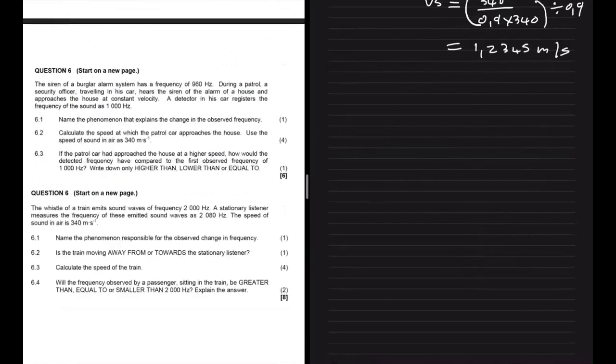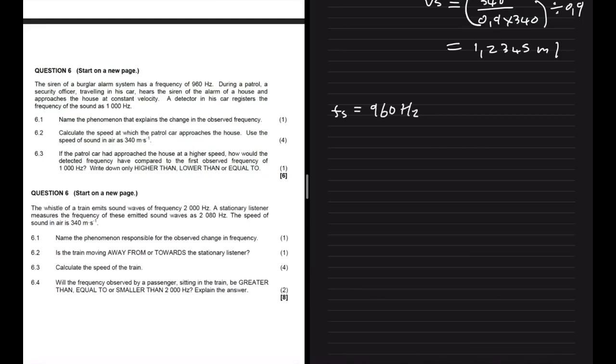Question 6. We're going to read the problem statement again, like we always do. The siren of a burglar alarm system has a frequency of, so frequency of source, I'm assuming, equals 960 Hertz.